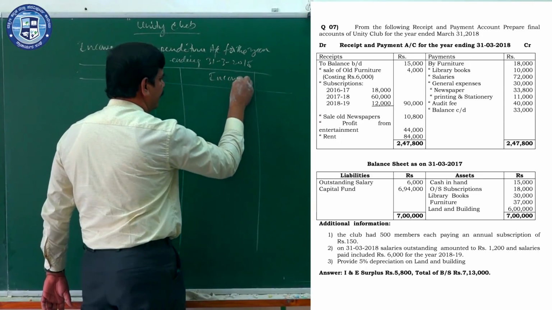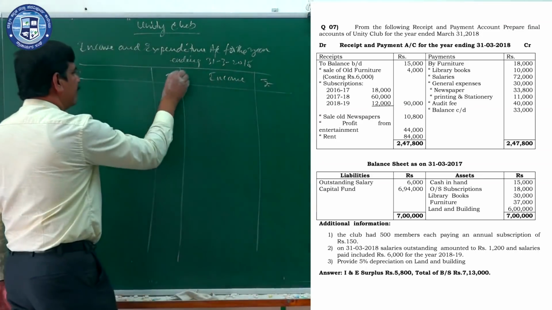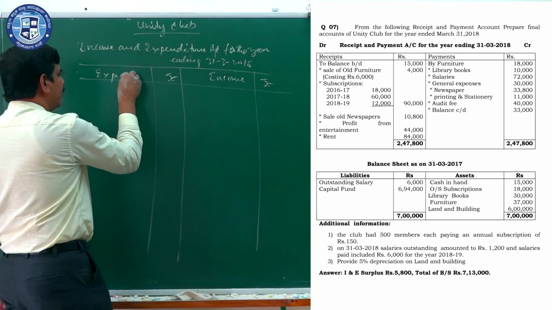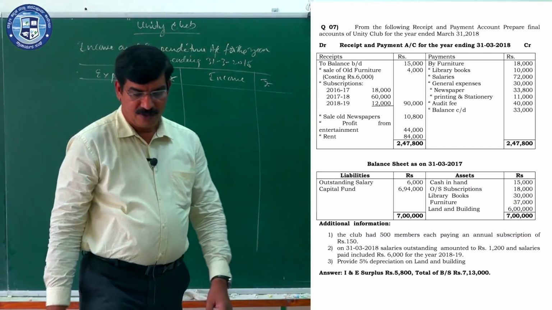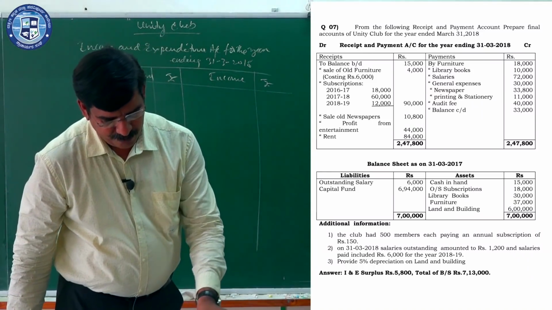Income, rupees, expenditure, rupees. Okay, now let's look at the items one by one.